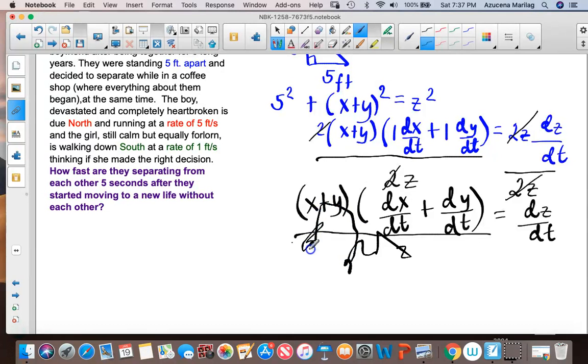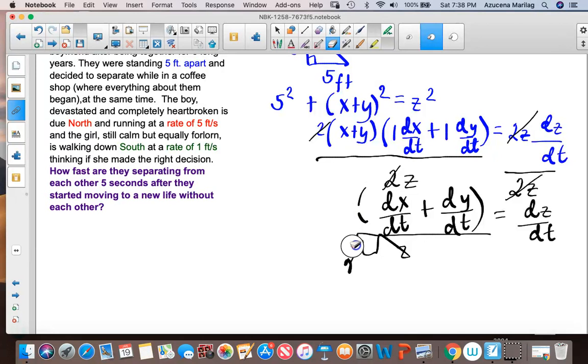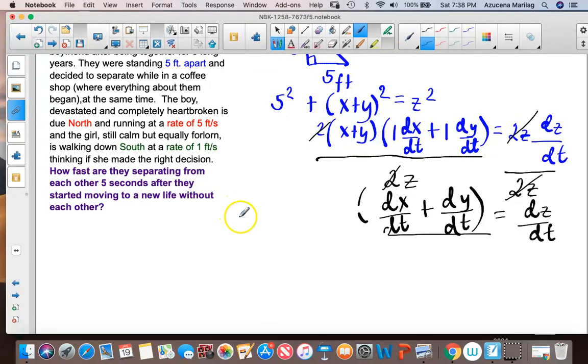Oh, it's messing up my work. What happened there? Let me erase. Good thing it's just a pen and it's erasable. Thank goodness. Okay, so it was x plus y right here. Okay. See, sometimes you mess up in life, but you persevere. You still continue. Life moves on.